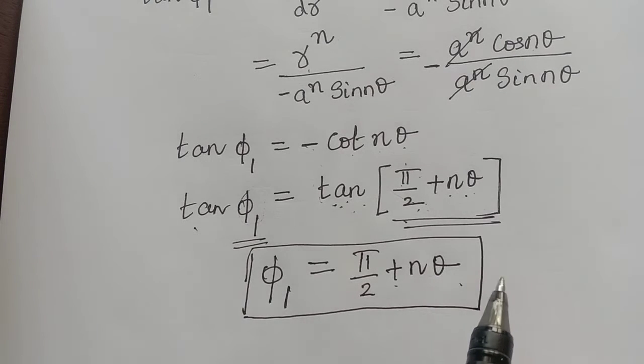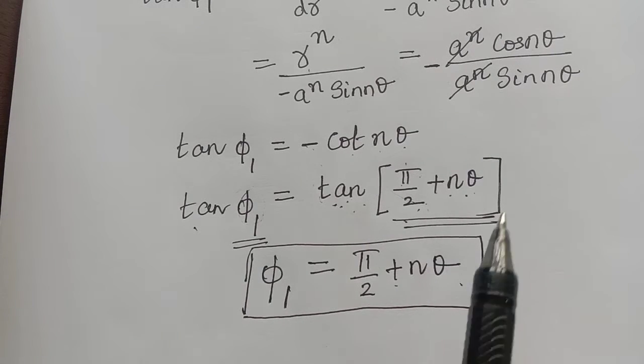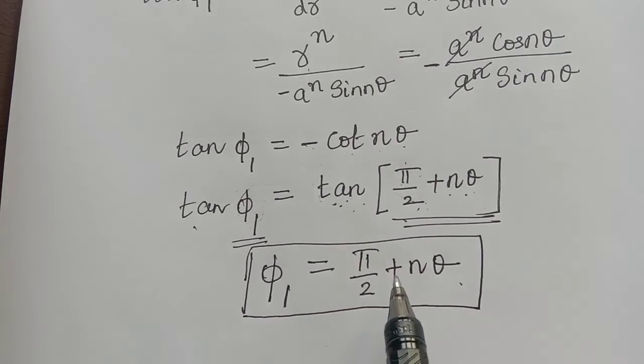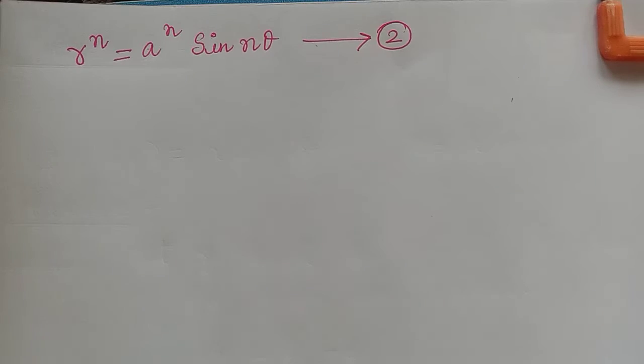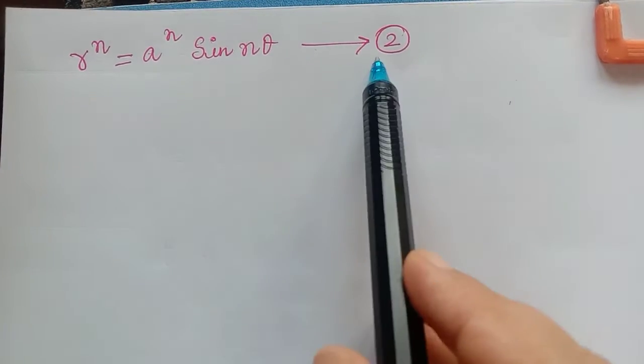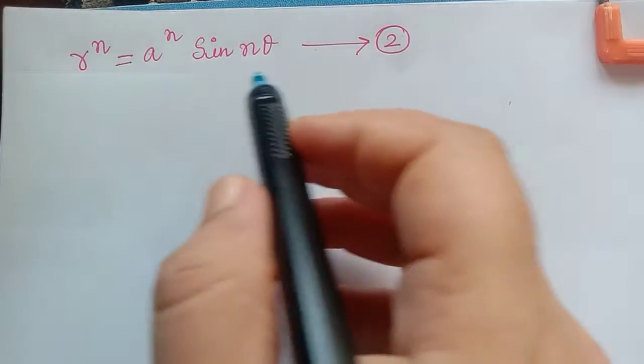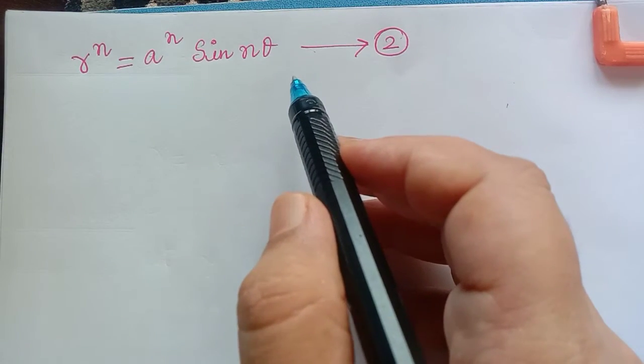In a similar way, let us take the equation 2, that is the other curve, and we shall find phi 2. So now we have taken the second curve and we have marked it as equation 1, and we shall differentiate this with respect to theta now.